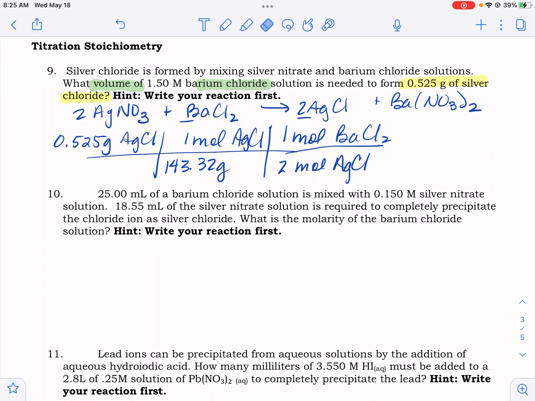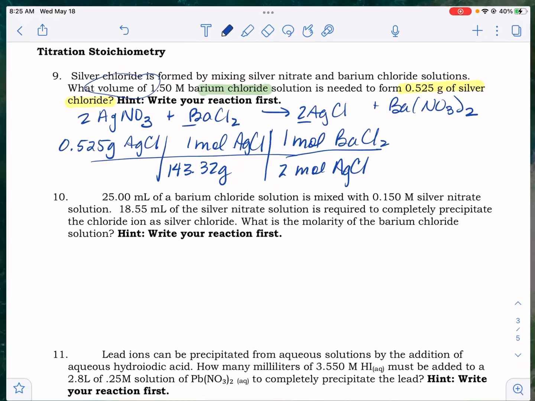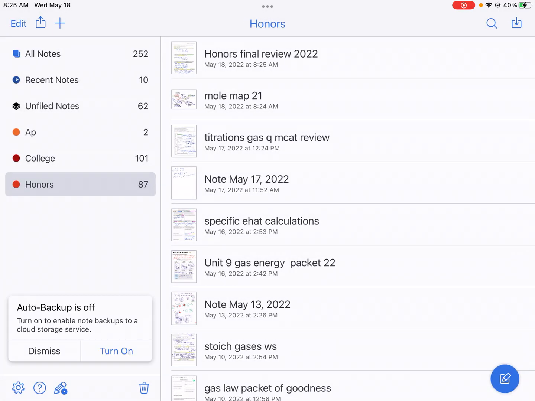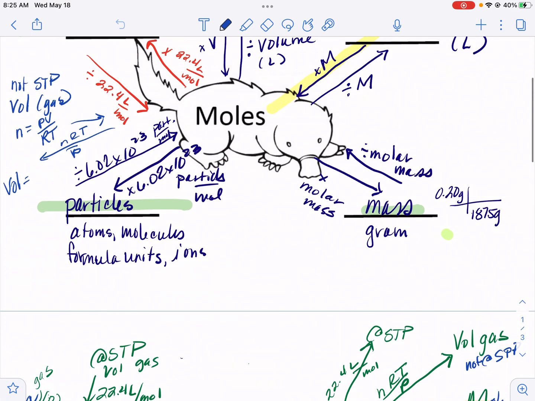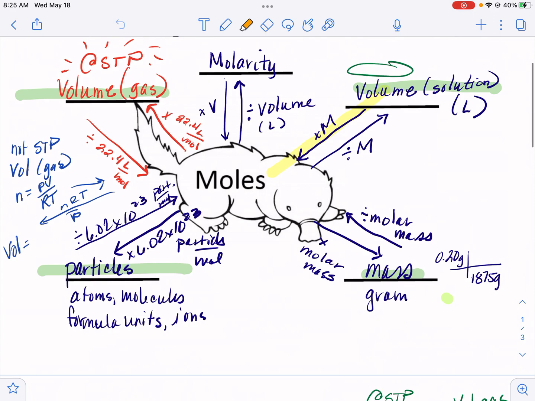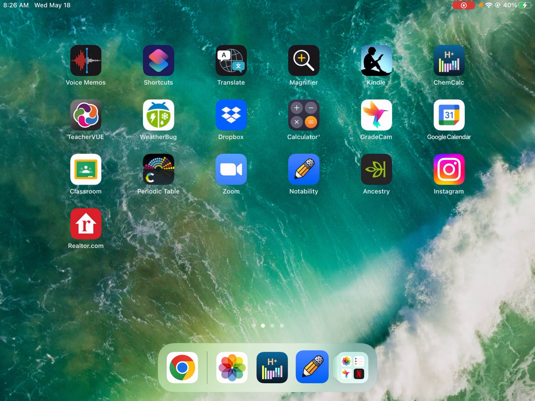We want volume. So if I am at moles of barium chloride, and I want to go from moles to volume, what do I do? I divide by molarity.